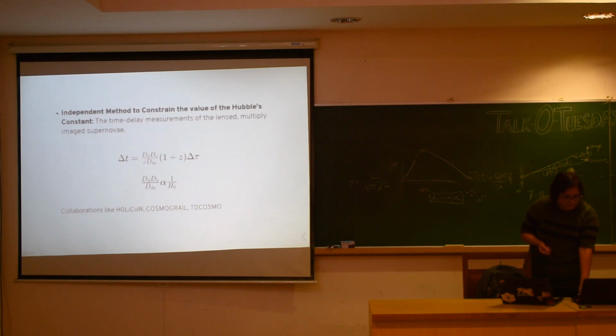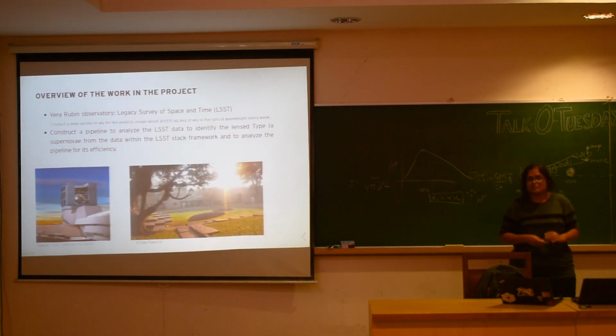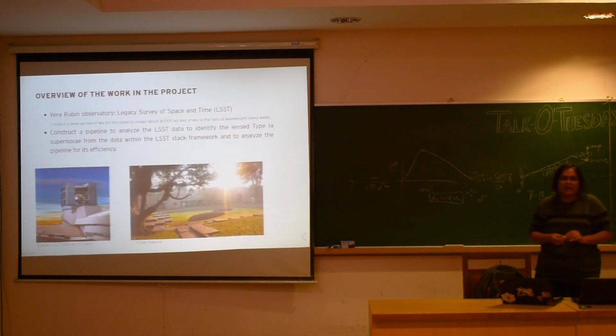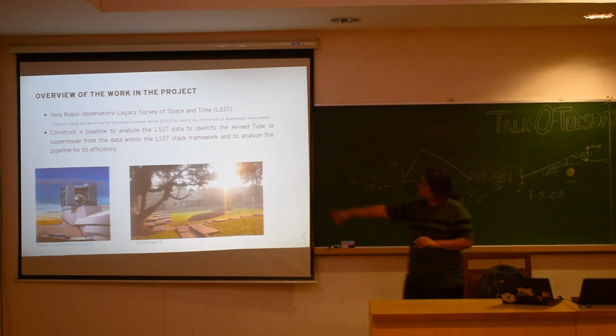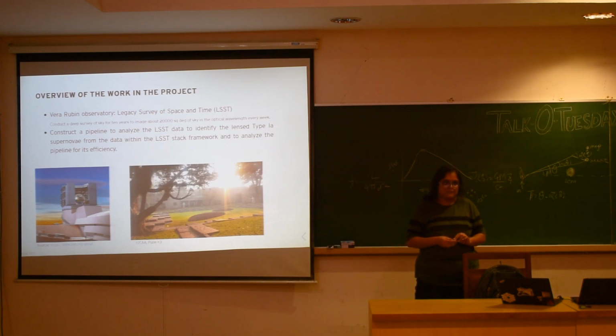So I think that's about the application, why we need to study it, and now a slide overview of what I am doing. This is the artistic depiction of LSST, the Vera Rubin Observatory Legacy Survey of Space and Time. It is getting built in Chile right now, and it will be working around 2025.